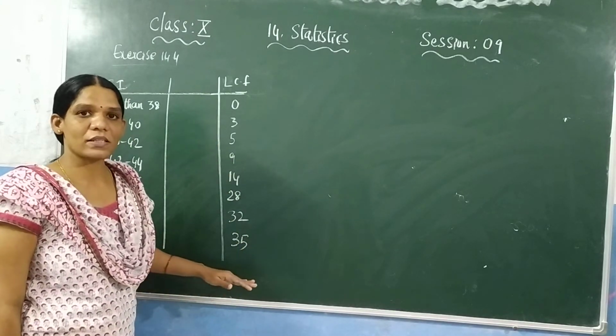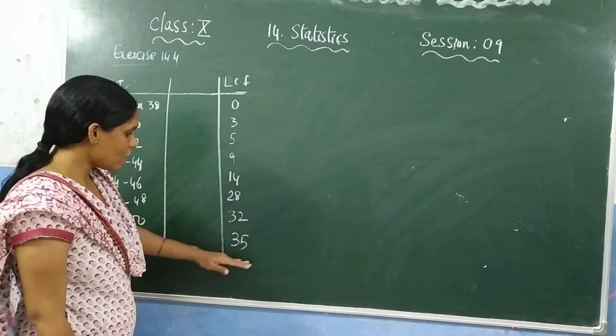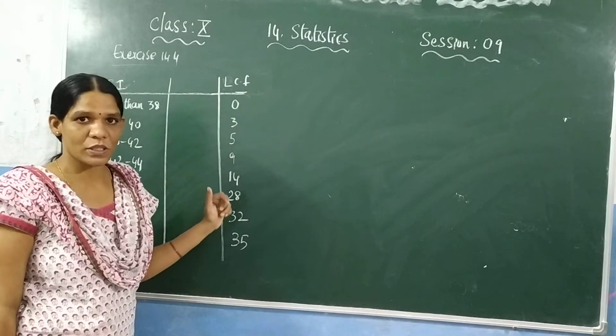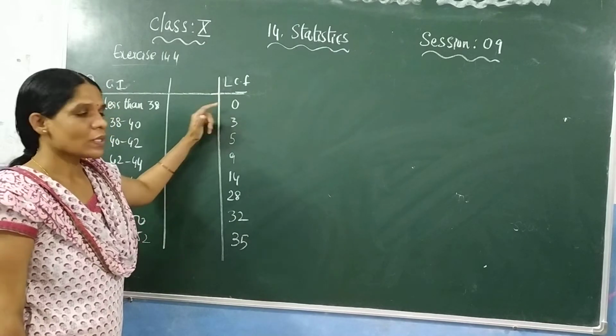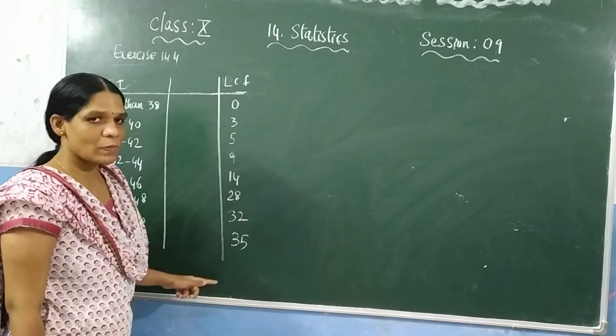And while calculating the greater than cumulative values you get a decreasing sequence, because we add from bottom to top in the case of greater than cumulative frequency, but in the case of less than cumulative frequency, since we calculate from top to bottom, the values become increasing.